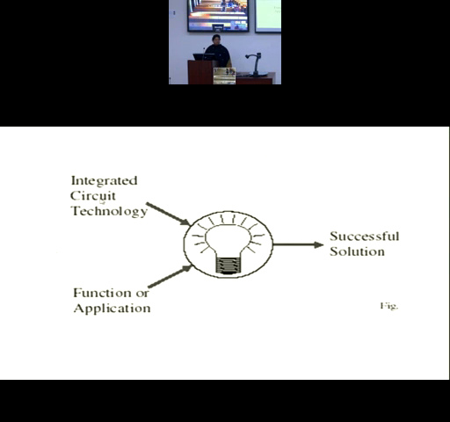He understands what technology he is going to use for his system and what benefits of that technology he can leverage. He understands the drawbacks and advantages of this technology, and for what function he is designing the system. He requires these two inputs, puts them together, uses his own creativity and tries to find a successful solution.